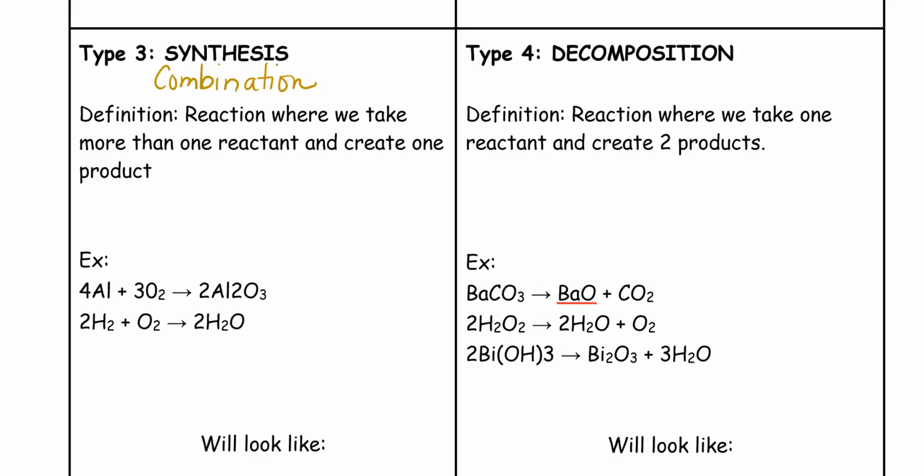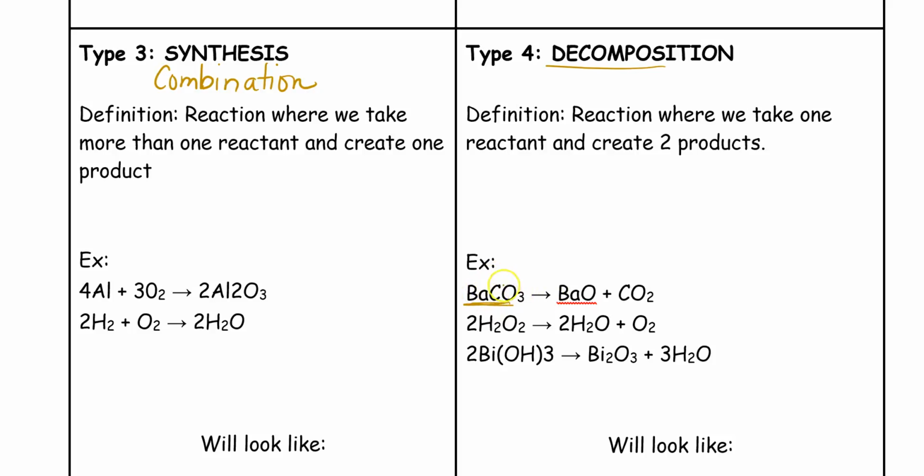Anyway, all right, the last type we're going to discuss in this lesson is decomposition, and it's kind of just exactly how it sounds: decompose, to break down. So this is a reaction where we take one reactant and create 2 new products. Very simple. So 3 examples here. We have barium carbonate.